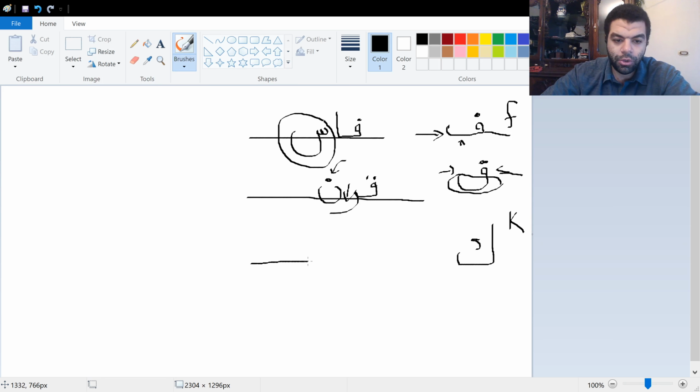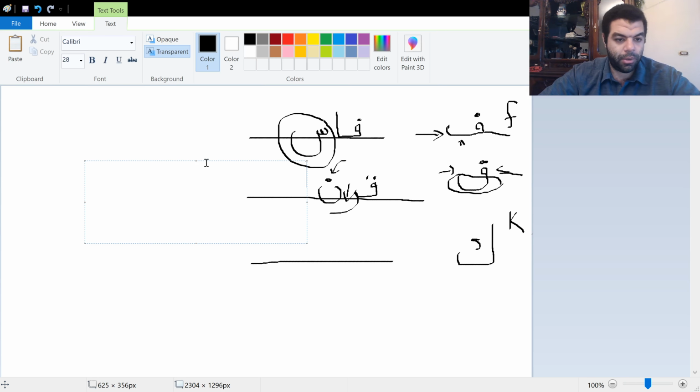So I will show you what it looks like. For example, I want to type it so that you can see better. Okay. So if I write kaf 3 times in a row like this, you will see what I'm talking about there. So kaf, kaf, 3.